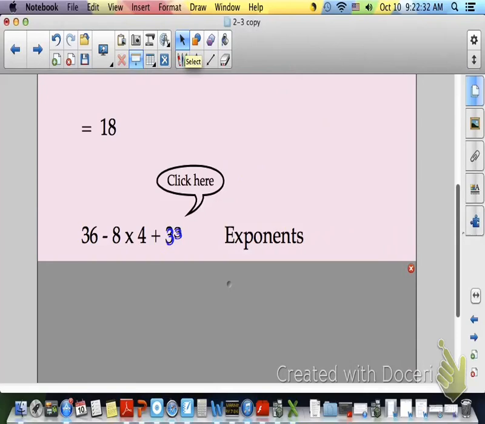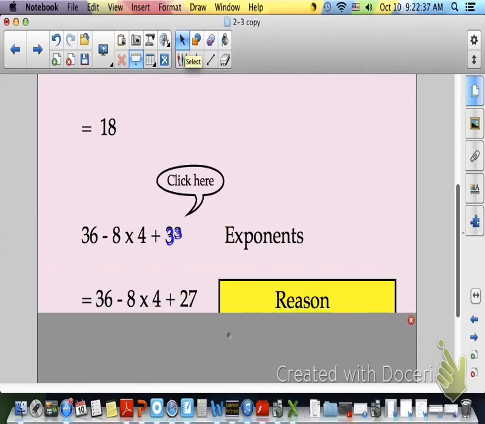Now everything else, I want you to notice the way I've rewritten the next step. Everything else stays the same. Do you all see that? Yeah. 36, no change. Subtraction, no change. 8 times 4 plus. Everything stays the same. The only thing I've changed here is I've made the 3 cubed into 27.